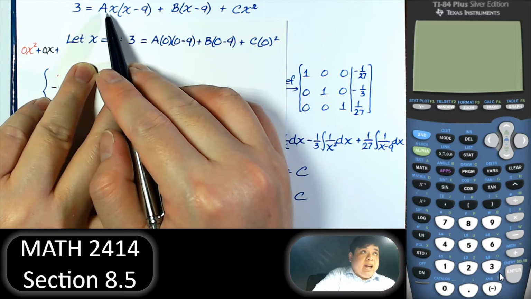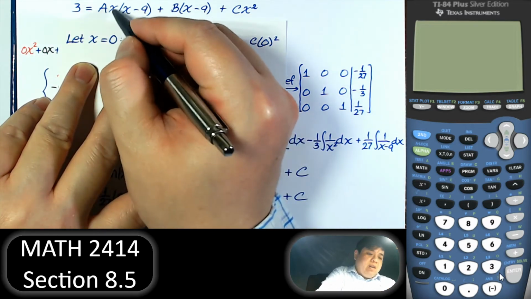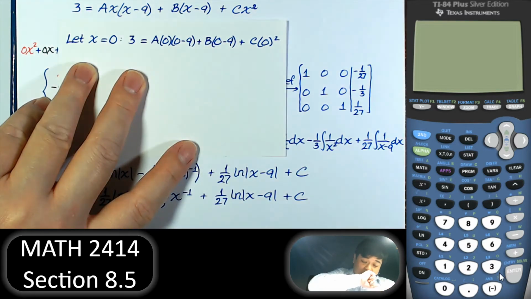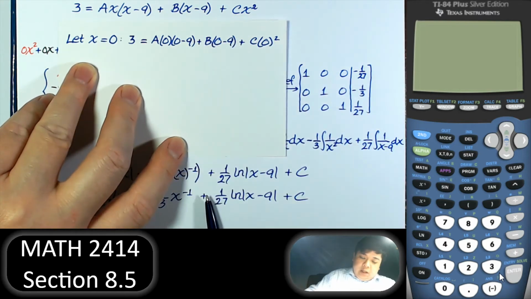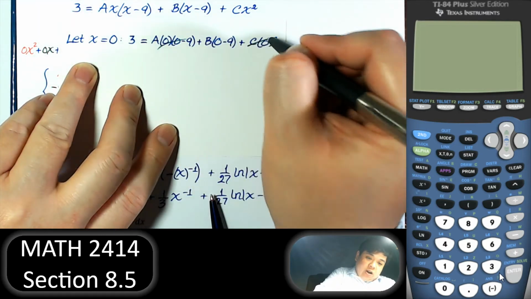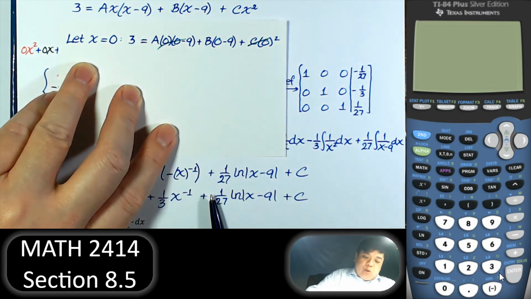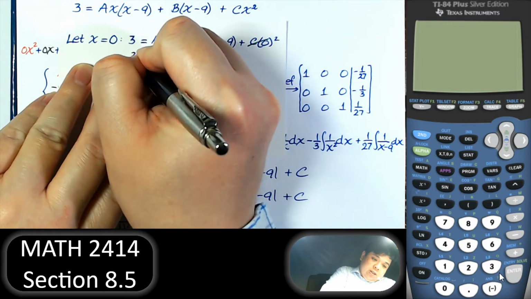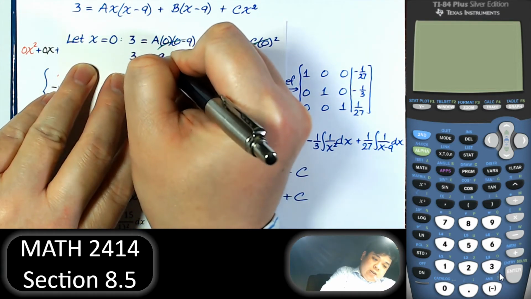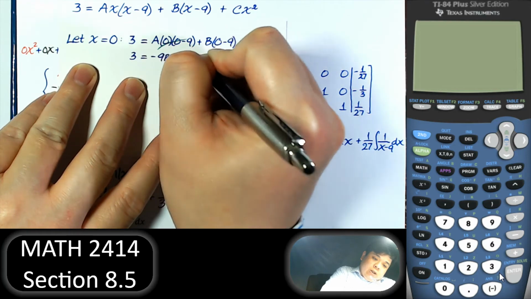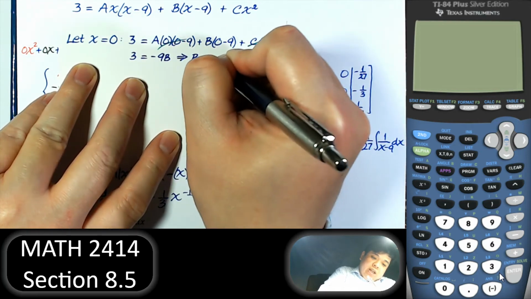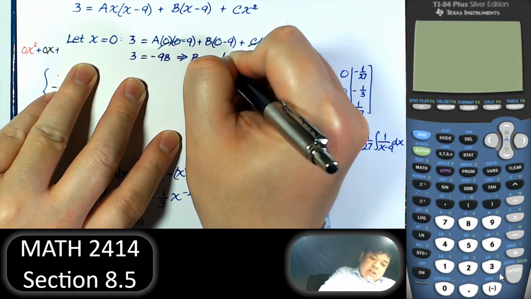So pretty much we let every factor equal to 0. So that's one gone, that one gone. We have negative 9b equal to 3. So to solve for b, we have b equal to negative 1 over 3.